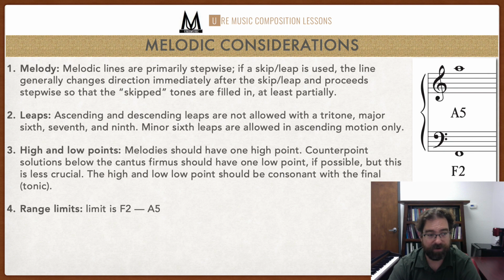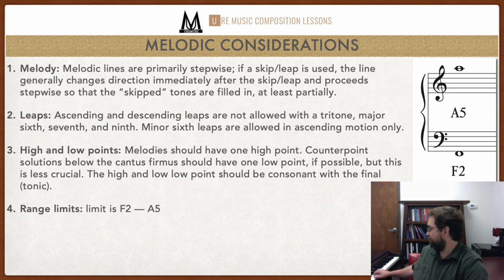Your melodic considerations. So the melody lines must be primarily stepwise. If you use a skip or a leap, the line generally changes direction immediately after the skip and proceeds stepwise. If you can't proceed stepwise, then you just have to use a smaller interval than the initial leap.